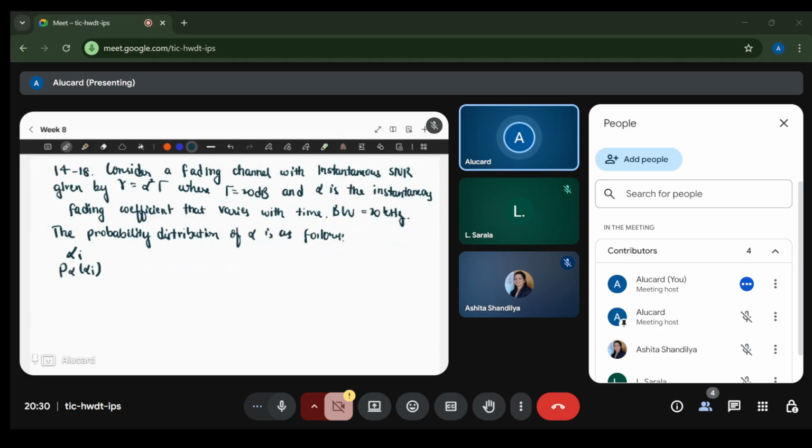Alpha and P alpha of alpha are given. I won't write down the values. Question 14 is, what is the average SNR of the channel?